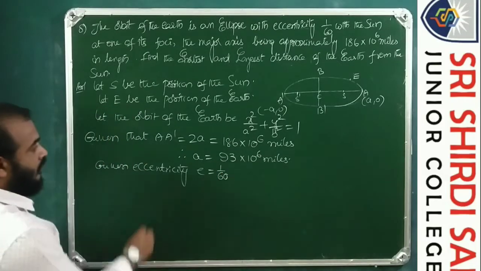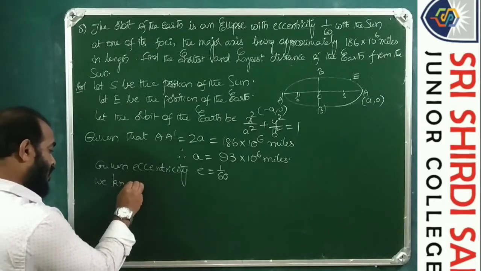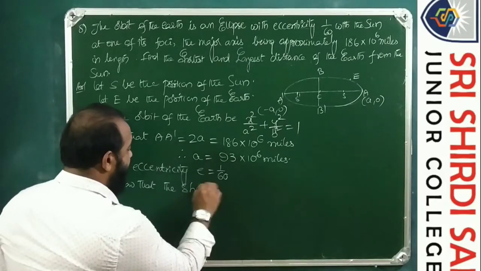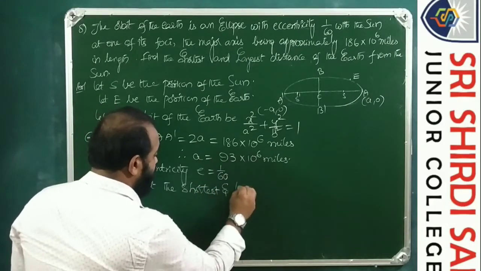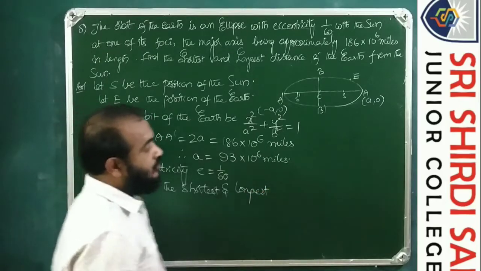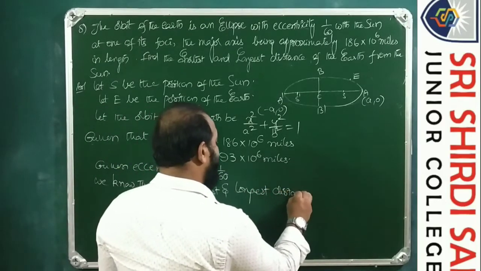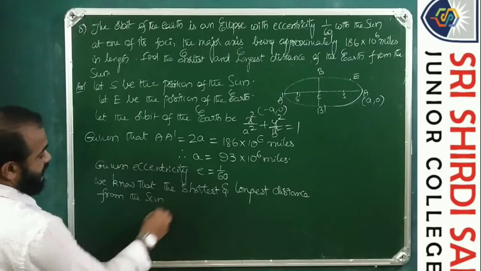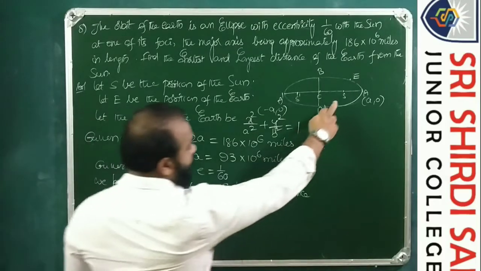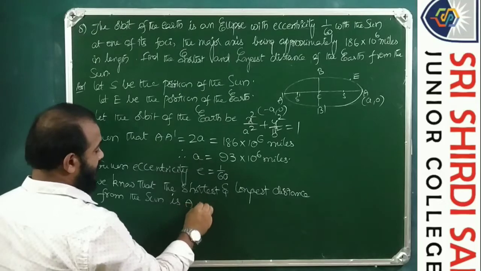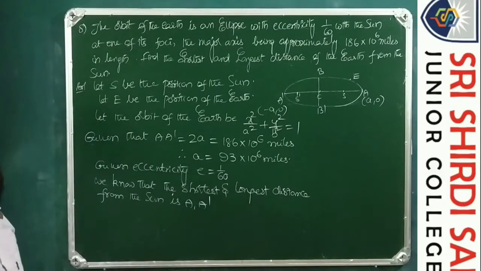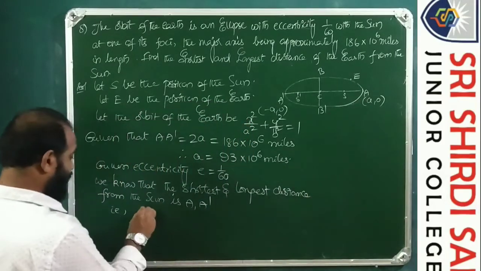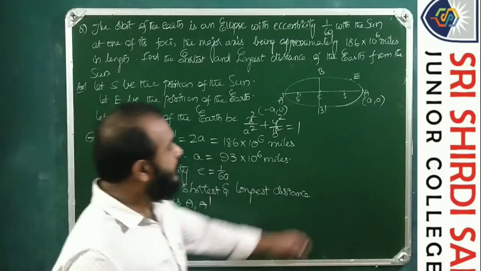Now we know that the shortest and longest distance from the sun is at A and A dash. That is SA, so SA is the shortest distance.